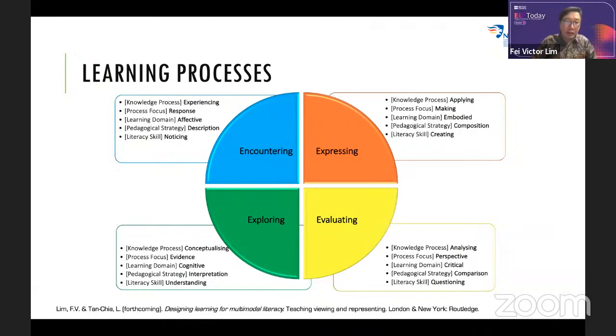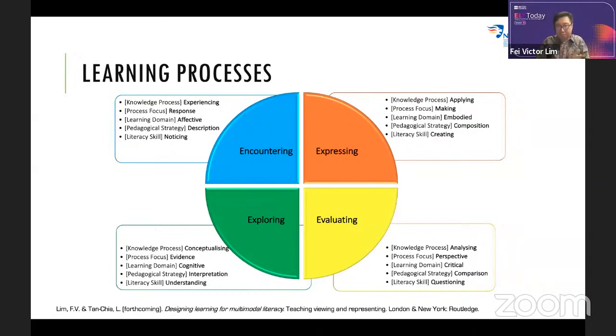So here in this particular framework, we describe how a multimodal literacy classroom can be designed where you have processes to allow students to encounter text, explore text, express the text, and evaluate the text.